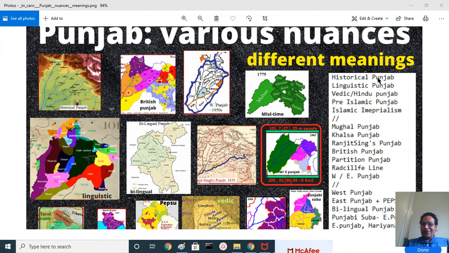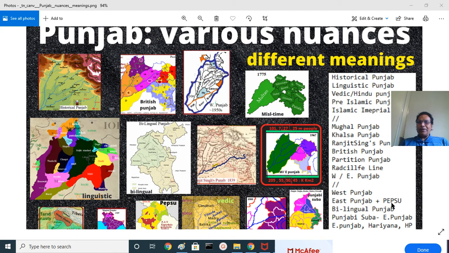We look at historical Punjab, linguistic Punjab, Vedic Punjab and Hindu Punjab, pre-Islamic Punjab and Islamic imperialism, and Mughal Punjab and Misl Punjab and Khalsa Punjab, that is Ranjit Singh's Punjab, superseded by British Punjab, and partition of 1947, Radcliffe Line Award, Paschim Punjab, West Punjab, East Punjab, and West Punjab, East Punjab and PEPSU, Patiala East Punjab States Union, bilingual Punjab and Punjabi Suba Movement, and East Punjab, Haryana and Himachal Pradesh.